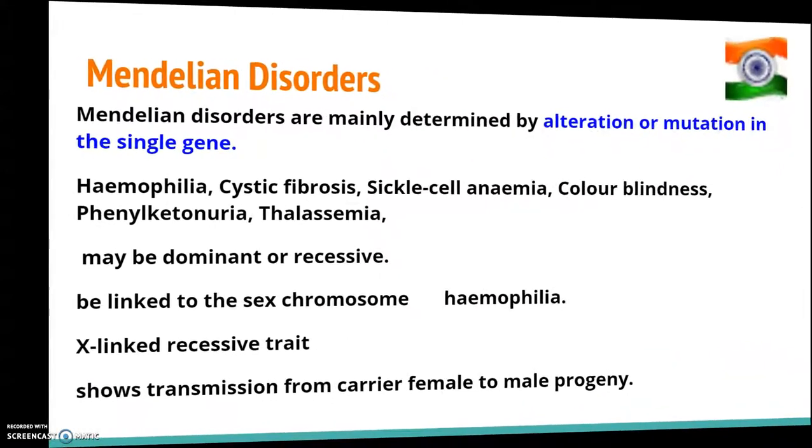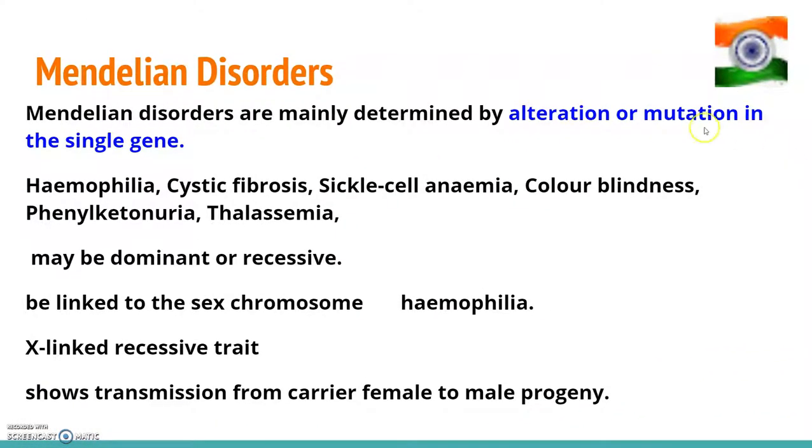Mendelian disorders. These are basically genetic disorders. Mendelian disorders are mainly determined by alteration or mutations in a single gene. Genetic disorders we classify into two categories mainly: Mendelian disorders and chromosomal disorders. Mendelian disorders are transmitted to the next generation on the same line as the principles of inheritance of Mendel that we have studied.